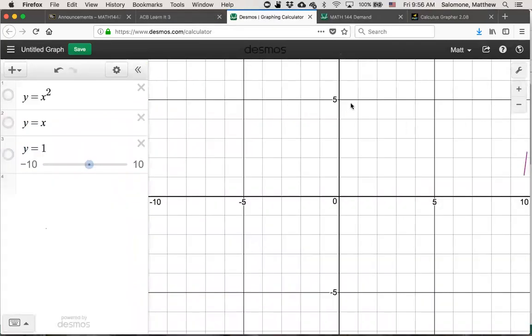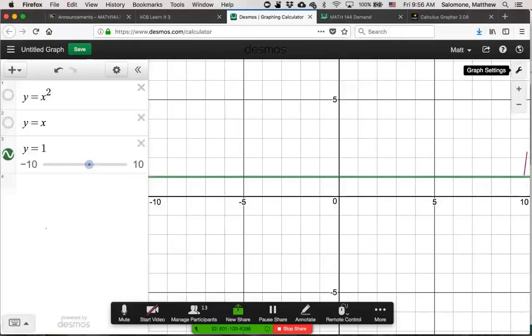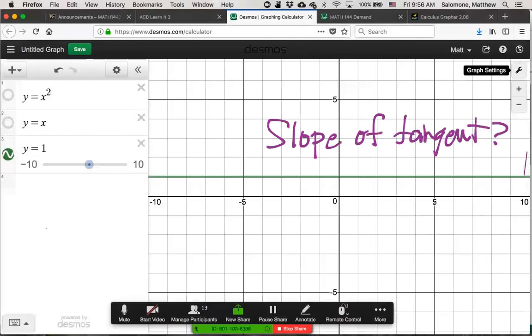To get a feel for what this looks like, let's think about the easiest piece first. This is the constant function, y equals 1. If I wanted to know the derivative of this function, what I'm asking is, what is the slope of a tangent line to this function?